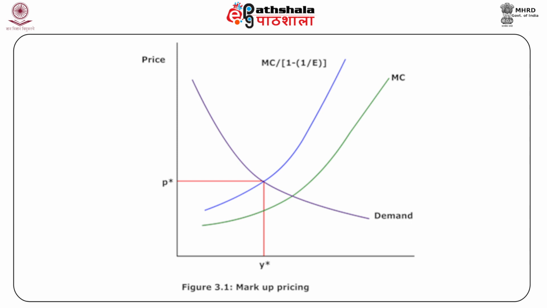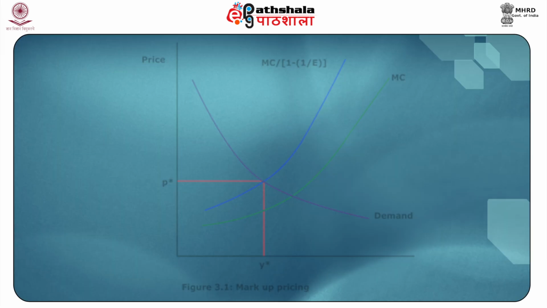The curve labeled MC upon 1 minus 1 upon absolute value of sigma is a constant fraction higher than the marginal cost curve. The optimal level of output Y star occurs where this curve crosses the demand curve. That is where P is equal to MC upon 1 minus 1 upon absolute value of sigma.